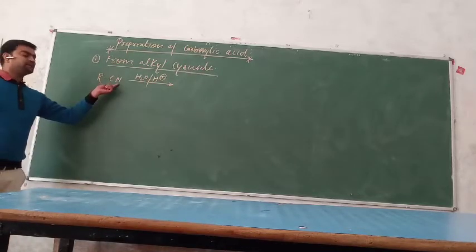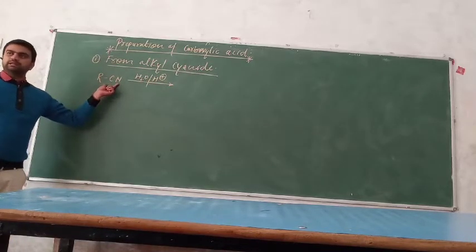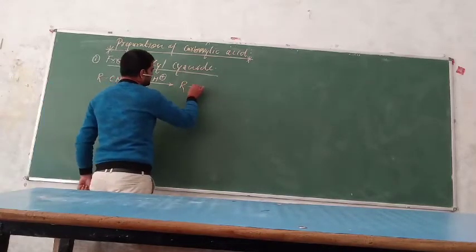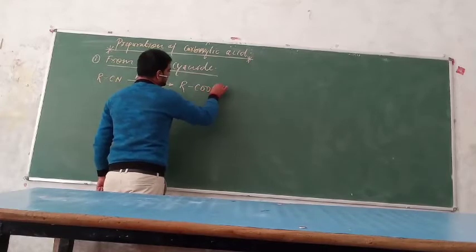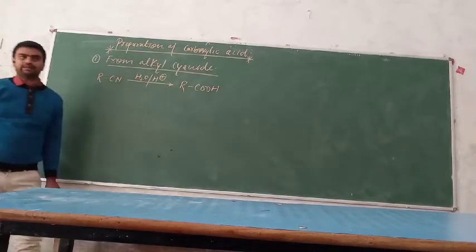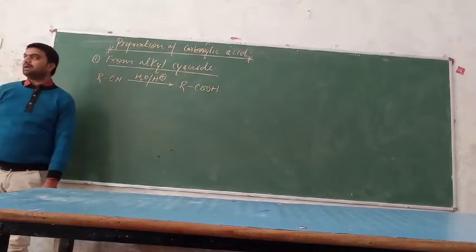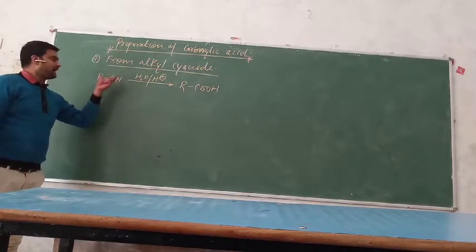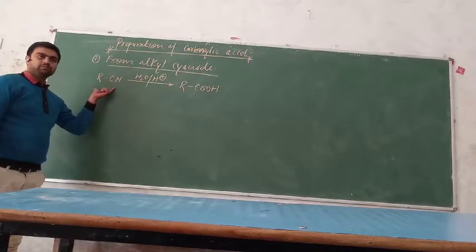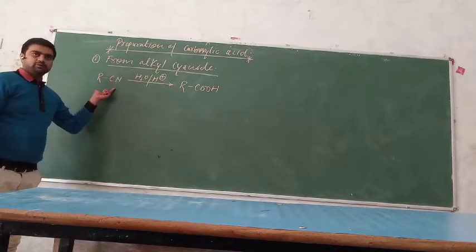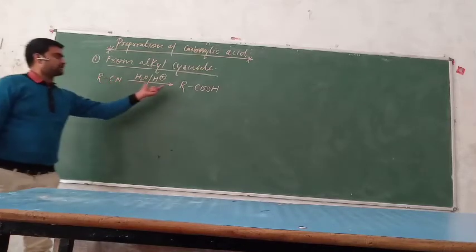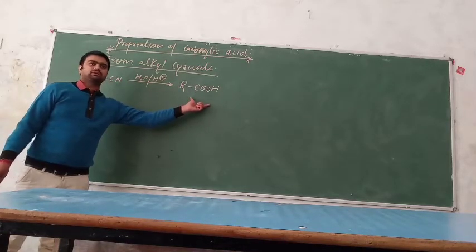Then the CN group, that is the cyano group, changes into the carboxylic group, that is RCOOH. So you have to remember that when hydrolysis of the alkyl cyanide occurs, the cyano group is directly changed into the carboxylic group.